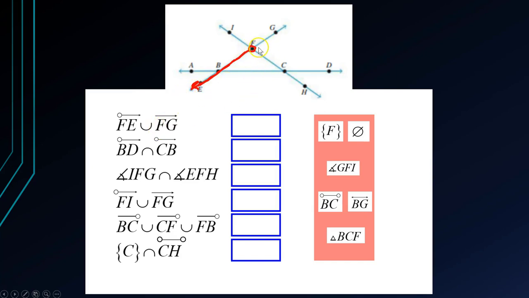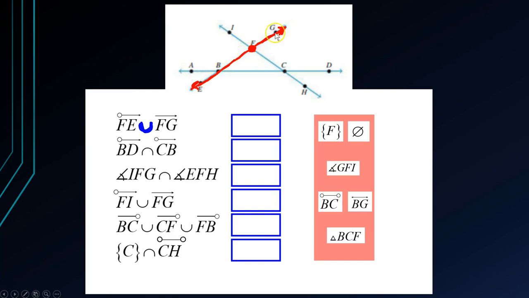And FG would be, starting at F, including F, and moving this way. Now the reason why I did all the same color is that I do have a union sign here. So because F is included in this one, it's going to be included in the union. And as you can see, this entire line is the result of the union.